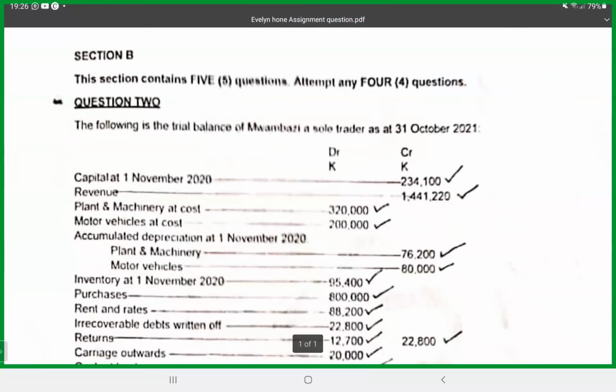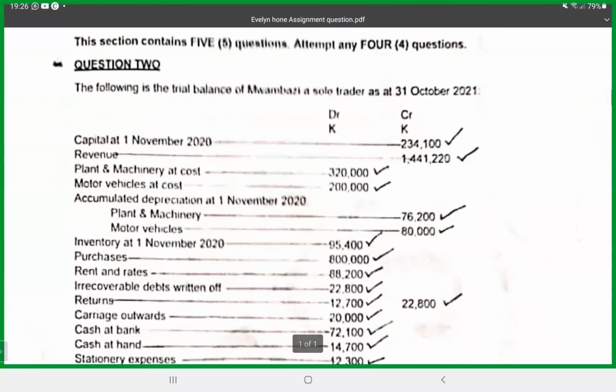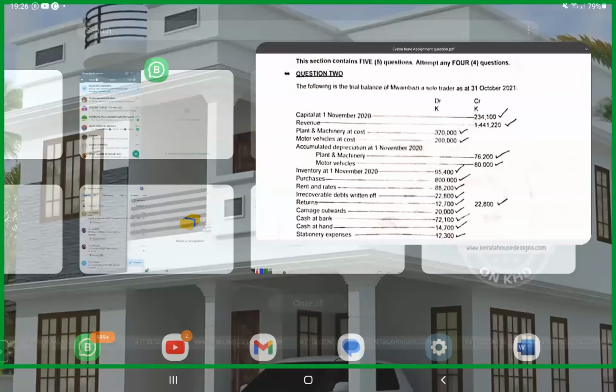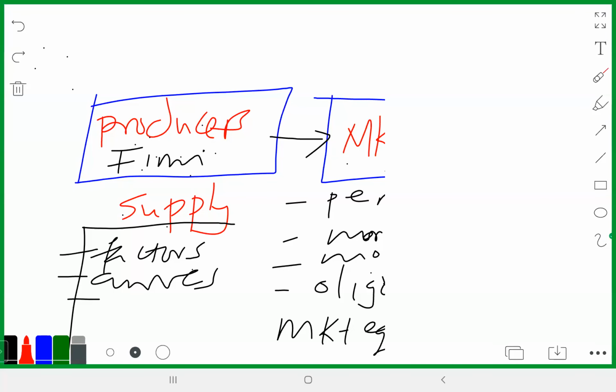Okay, so let's go through how we make the profit and loss statement, which is the statement of profit or loss and other comprehensive income. I said it always has the title.